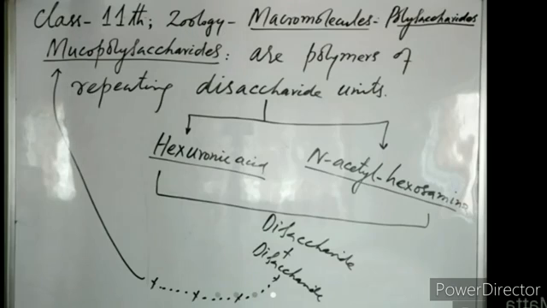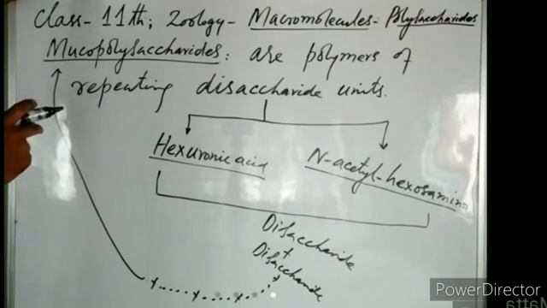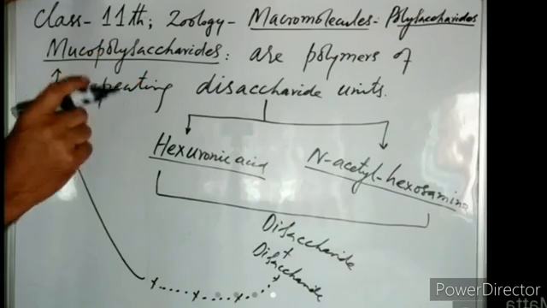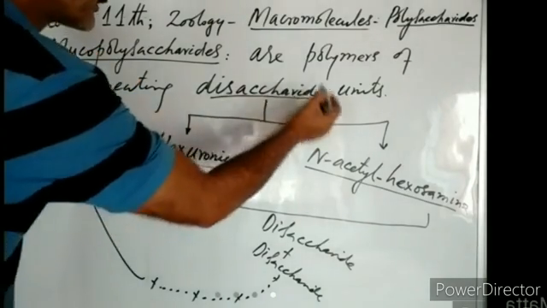Now I hope you understand how mucopolysaccharides are different from other polysaccharides. Other polysaccharides like starch, glycogen, cellulose, and chitin have a monosaccharide as their basic unit, so they are polymers of monosaccharides. But mucopolysaccharides are polymers of repeating disaccharide units.